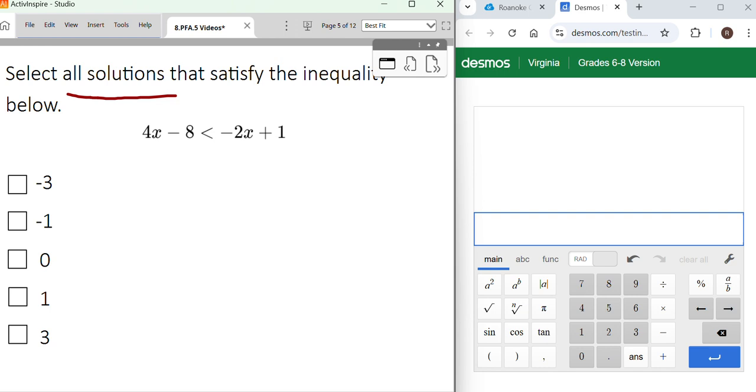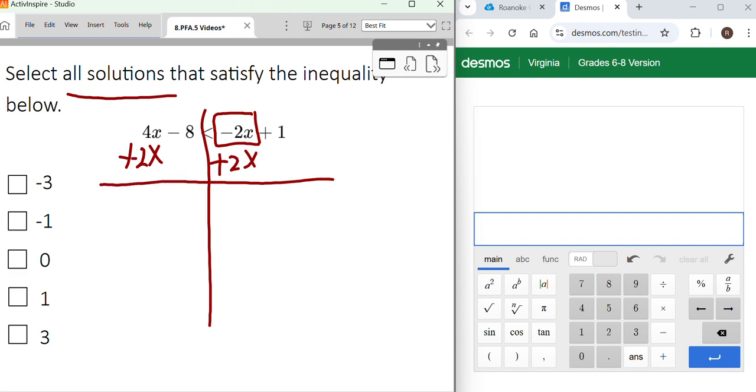Now this says select all solutions. So we're going to have to solve it, then draw a number line real quickly to make sure we pick the correct solutions. So let's start. Now first of all, we have variables on both sides. So we have to box the one on the right, do the opposite to make sure it moves to the other side. 4x plus 2x is 6x. My negative 8 comes down, less than a positive 1.